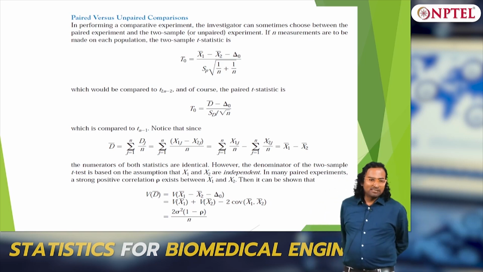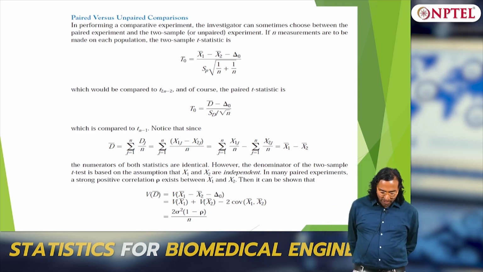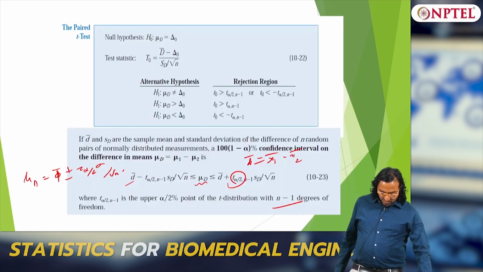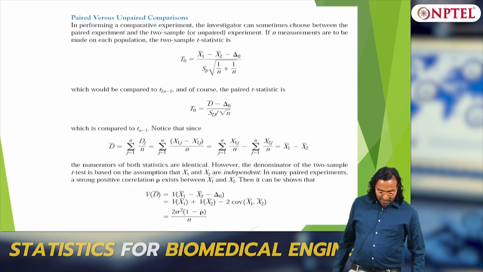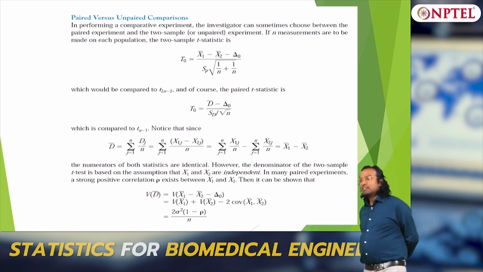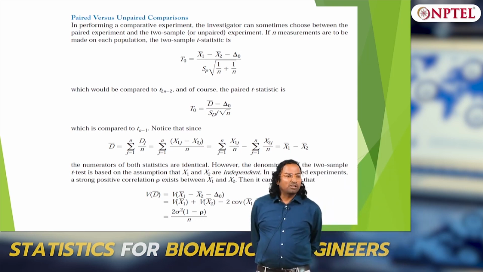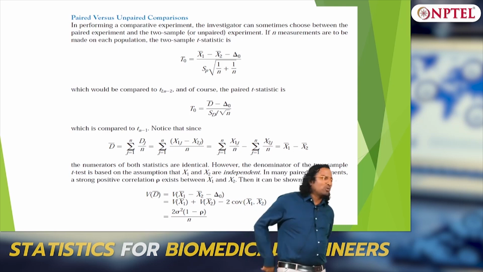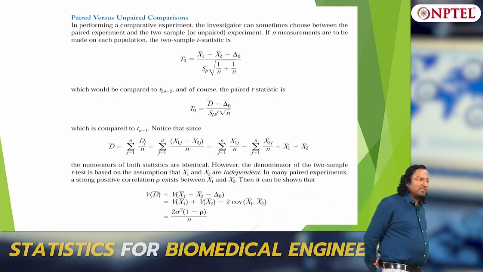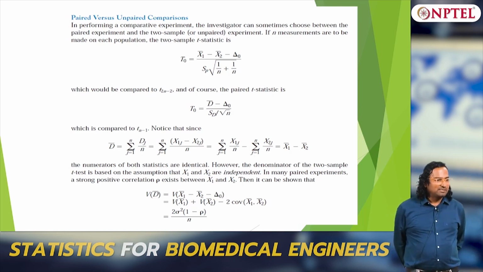But when to do paired t-test then? When should I do paired t-test? So I have given you n minus 1 degrees of freedom. So the degrees of freedom is different, and when should I do a paired t-test then? When underlying conditions affect the outcome of an experiment, then you have to do the experiments under the same conditions for both the kinds of equipment you want to test.